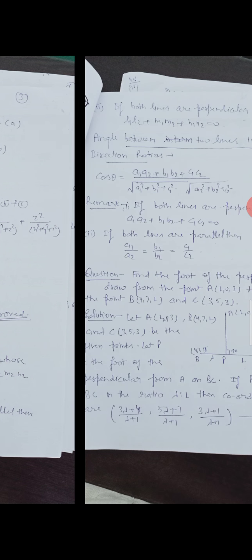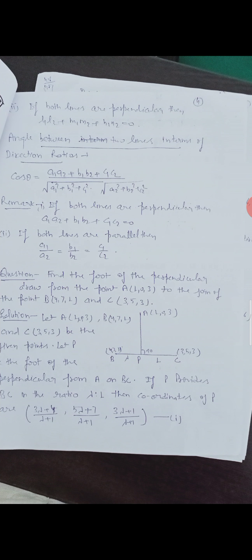Now, the angle between two lines in terms of direction ratios. It means that two lines whose direction ratios are known, then how do we calculate theta? For calculating theta, we can use the formula cos theta is equal to a1 a2 plus b1 b2 plus c1 c2 upon root a1 square plus b1 square plus c1 square into root a2 square plus b2 square plus c2 square.